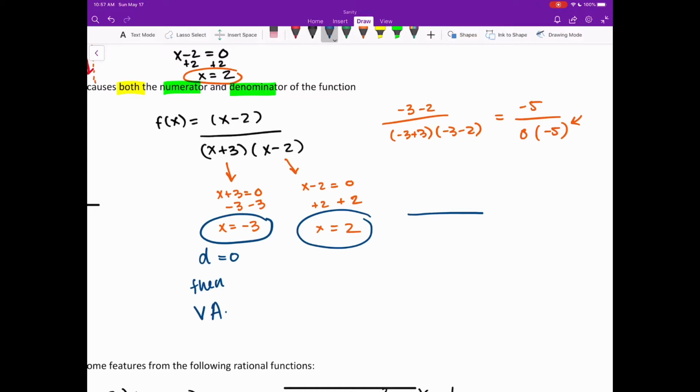If I plug in x equals 2 into this function, I'm going to get 2 minus 2 divided by (2 plus 3) times (2 minus 2). And if I simplify that down, the top is 0, the bottom is 5 times 0, which is just going to be 0.